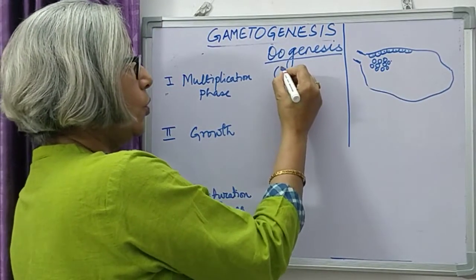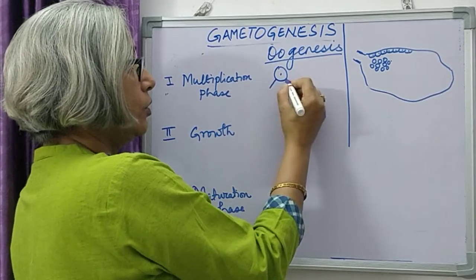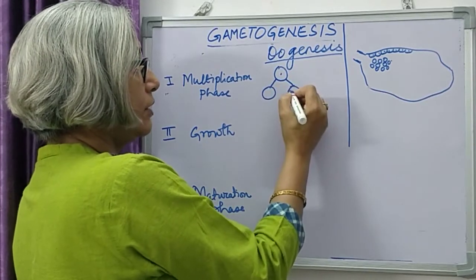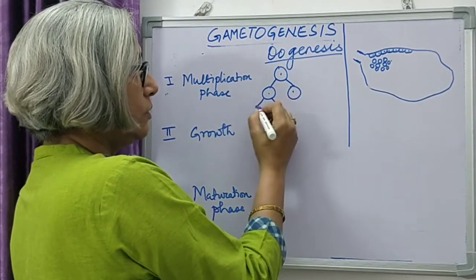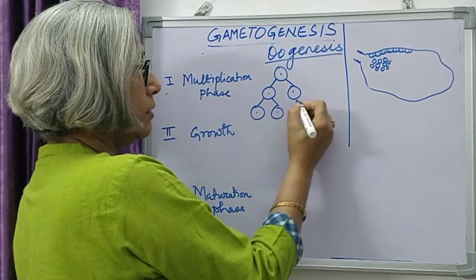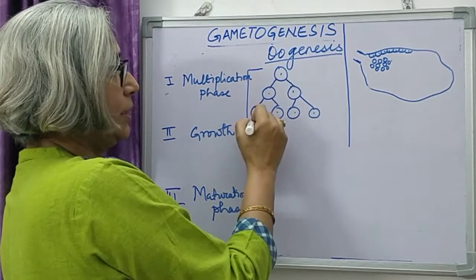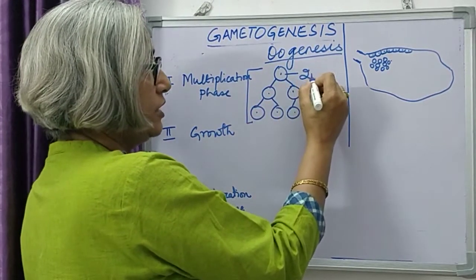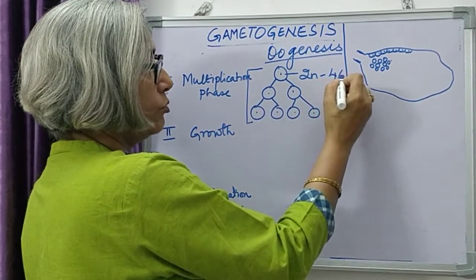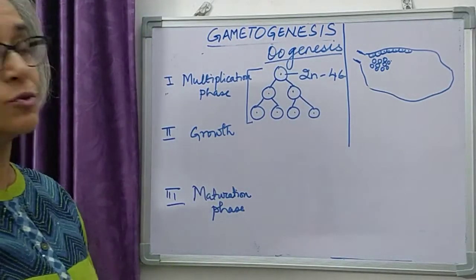So oogonia undergo several rounds of cell division, which we call multiplication. So suppose this is the multiplication phase. Each of these has 2n number of chromosomes, that is 46 chromosomes.